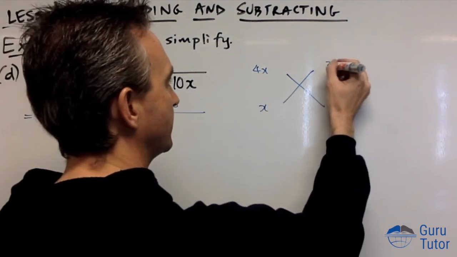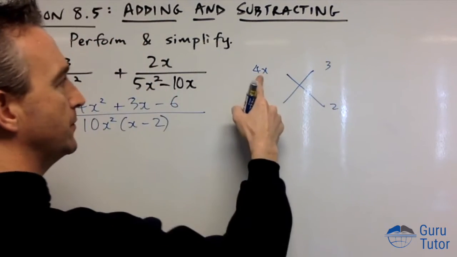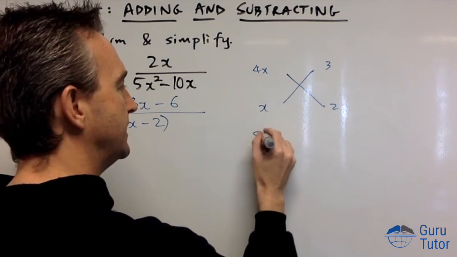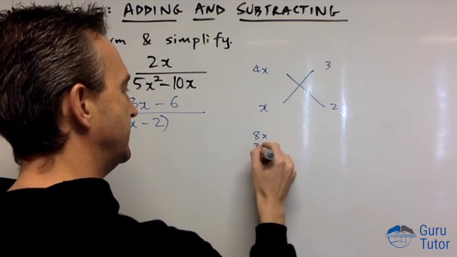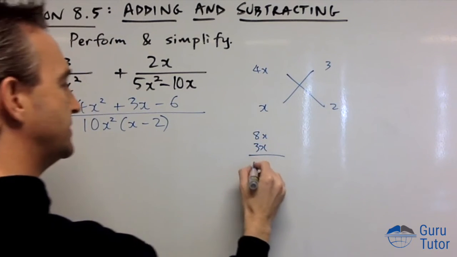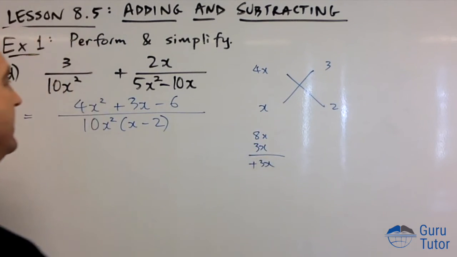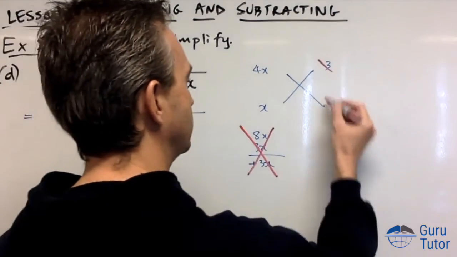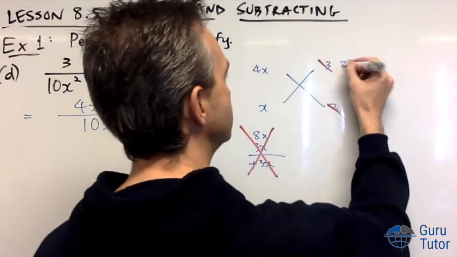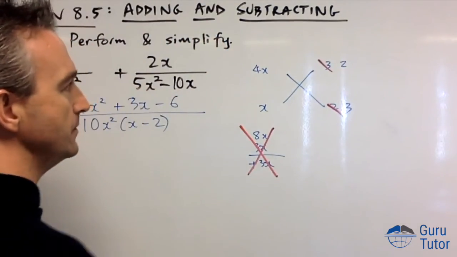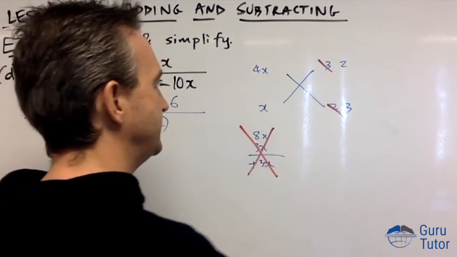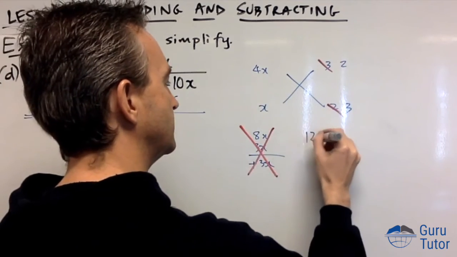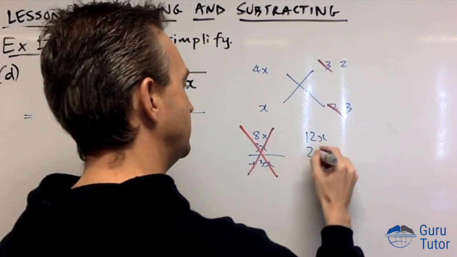6, 3 and 2. Okay, so 4x times 2 is 8x. X times 3 is 3x. Can that give plus 3x? No, that's not going to work. Let's try another combination. Maybe try 2 and 3. 4x times 3 is 12x. X times 2 is 2x.